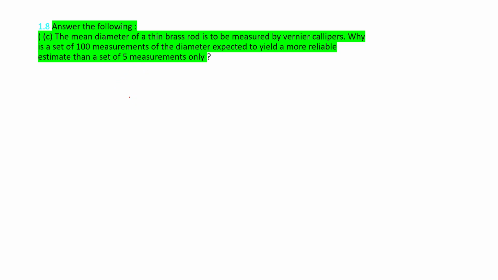Alright, so this is because the possibility of making a positive random error of certain magnitude is equal to that of making a negative random error of the same magnitude. Out of 100 measurements, maybe 50 will make a positive random error and 50 will make a negative random error.